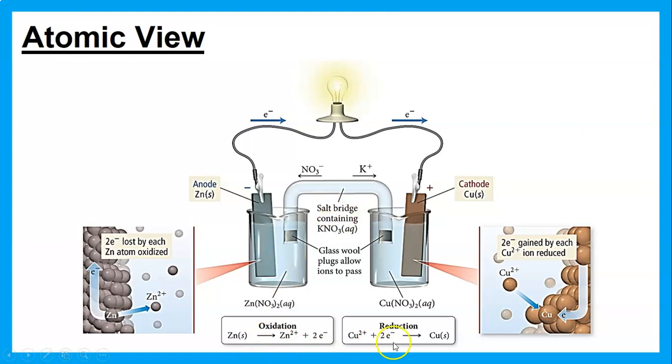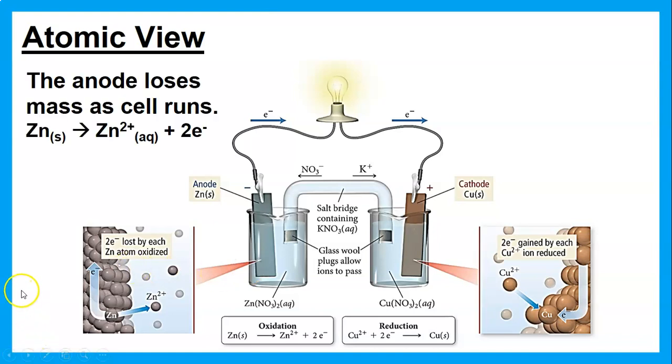They told you the equations that are happening on each side. And what I love about this picture is that if we zoom in, they've given us an actual atomic view of what's happening, and I think that's incredibly helpful.